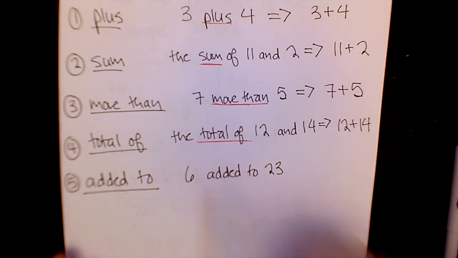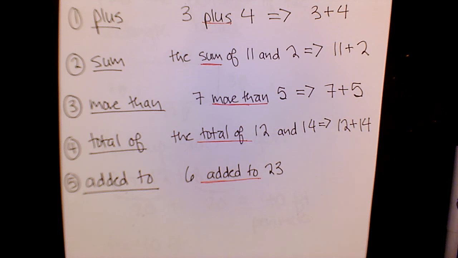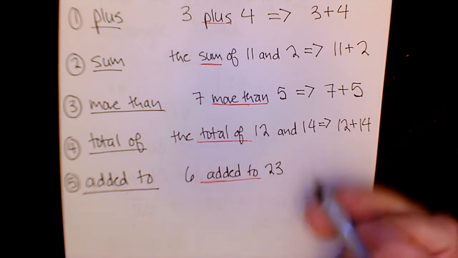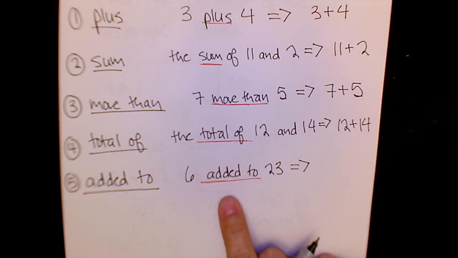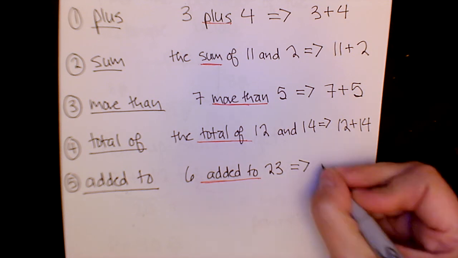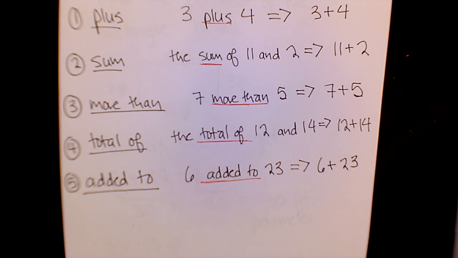So if I wanted to write that in math, I look for my key words, added to, and I know it means to add. So I'm just going to put a plus. 6 plus 23 means 6 added to 23.